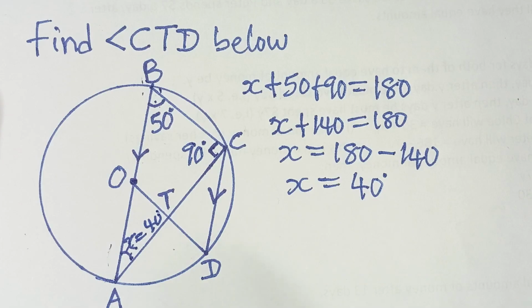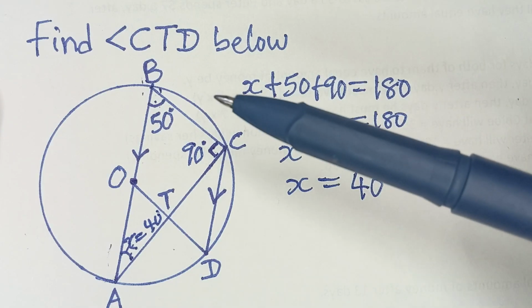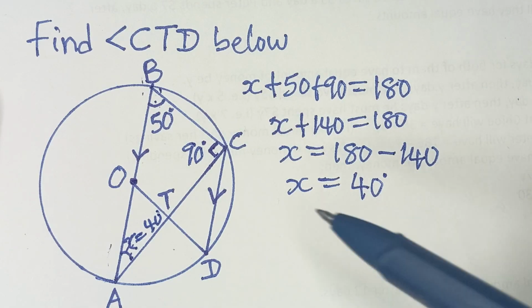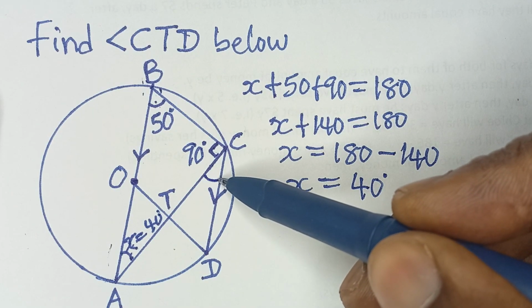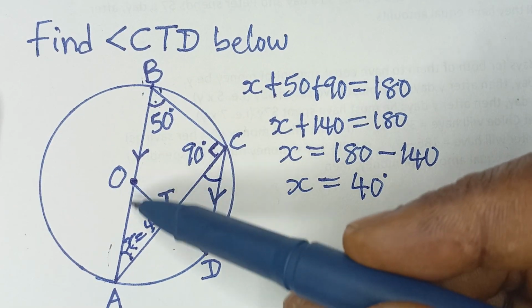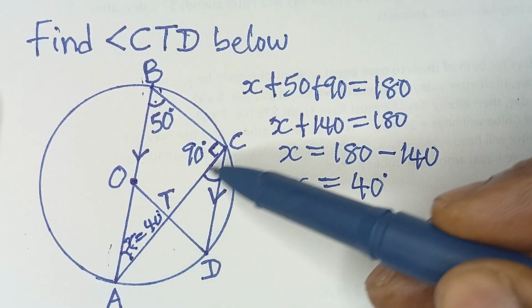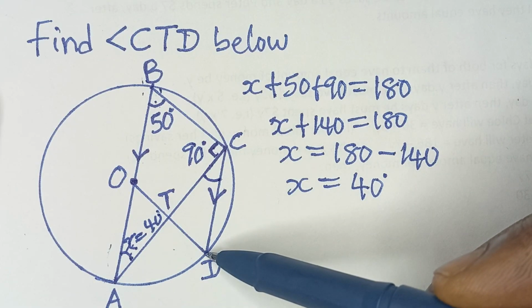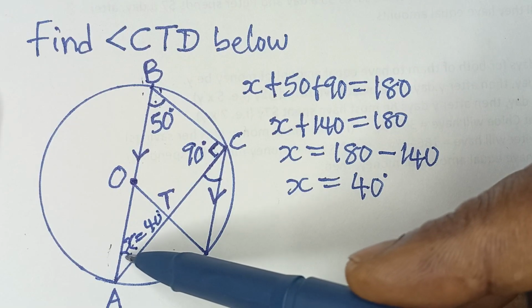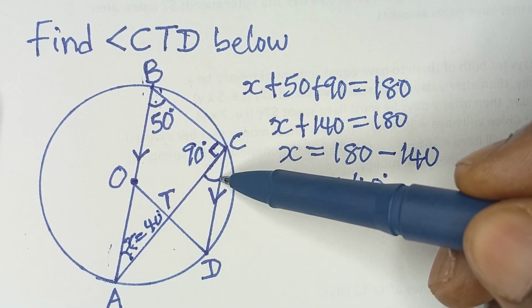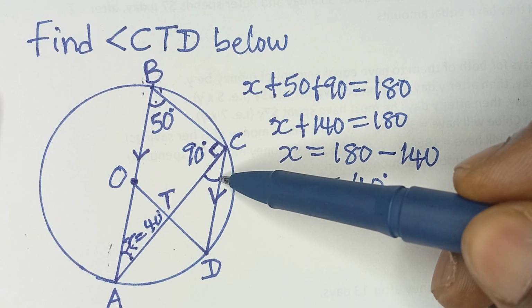Now that we have angle X, you will agree with me also that we can find this angle here. This is a Z shape like angle that is flipped, or I can say, let me just go direct. This angle X and this angle are alternate angles.